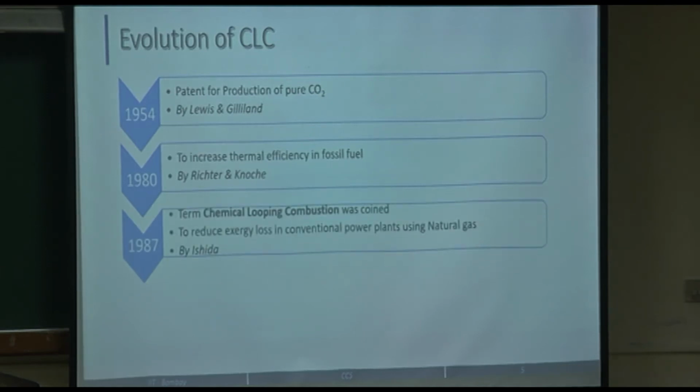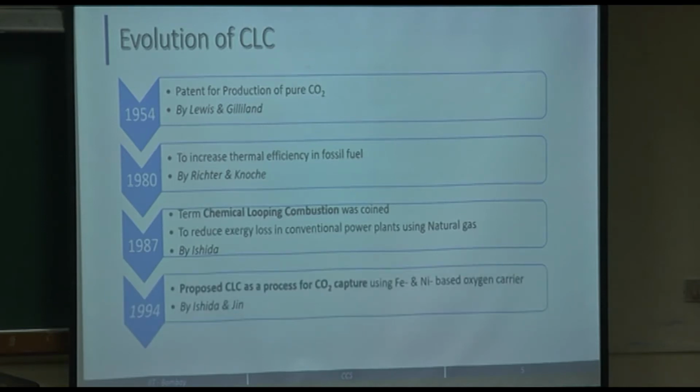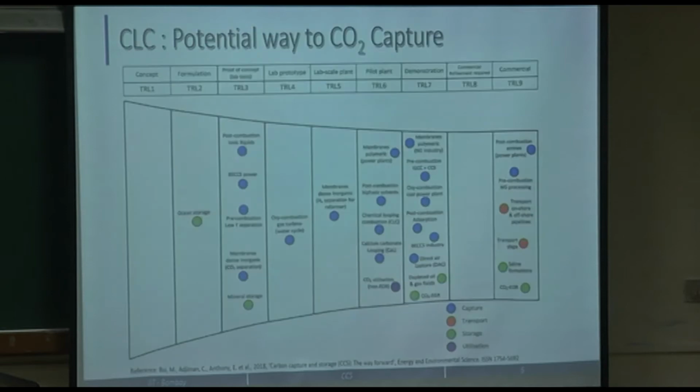And they actually coined this term, chemical looping combustion. And then it was shown by Ishida and Jin that it can be a potential option for CO2 capture, and that was demonstrated by ferrous and nickel based oxygen carriers.